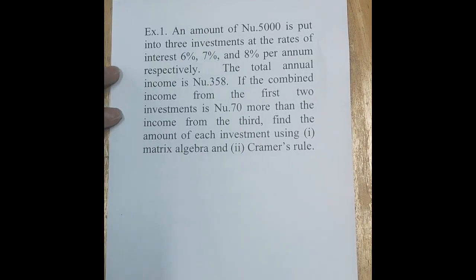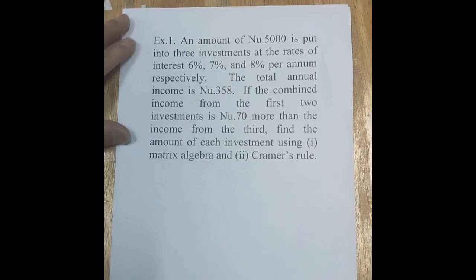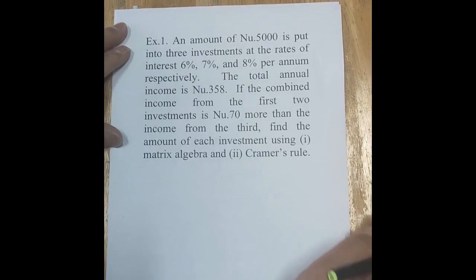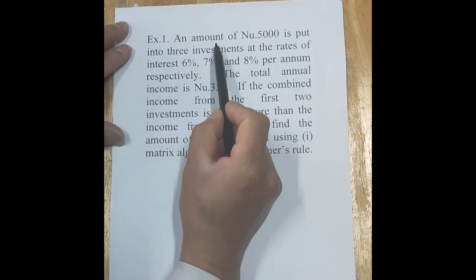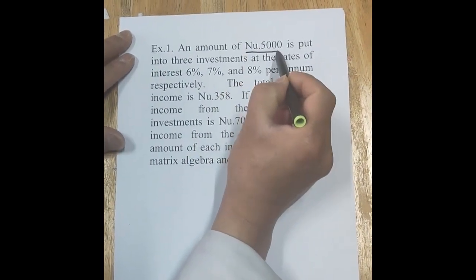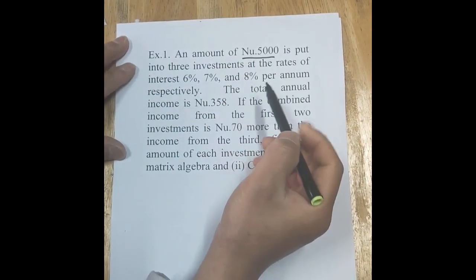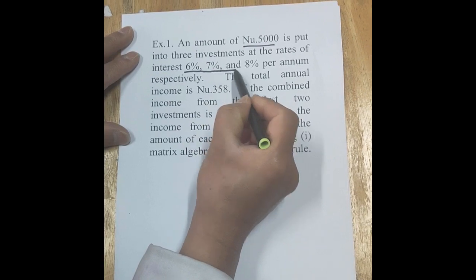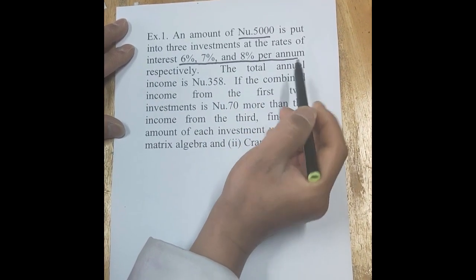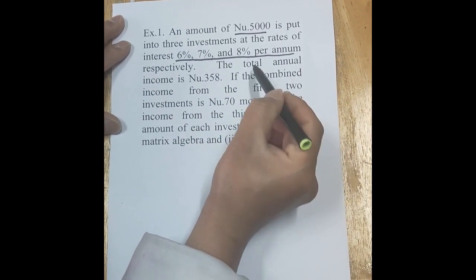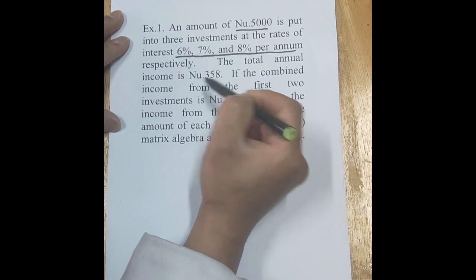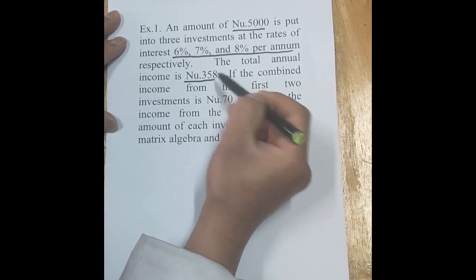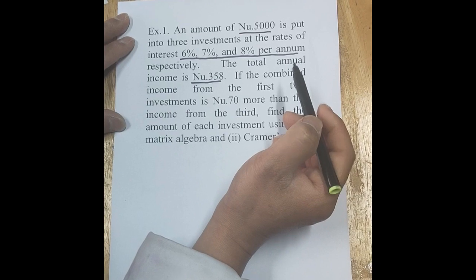So now let us go through our example 1 question under application of system of linear equations. An amount of Nu 5000 is put into 3 investments at the rate of interest 6%, 7% and 8% per annum respectively. The total annual income is Nu 358.